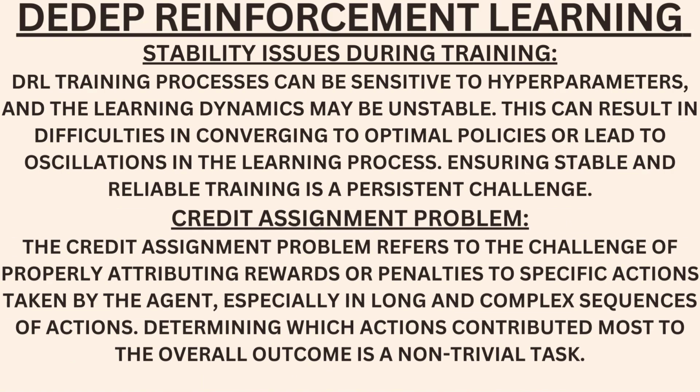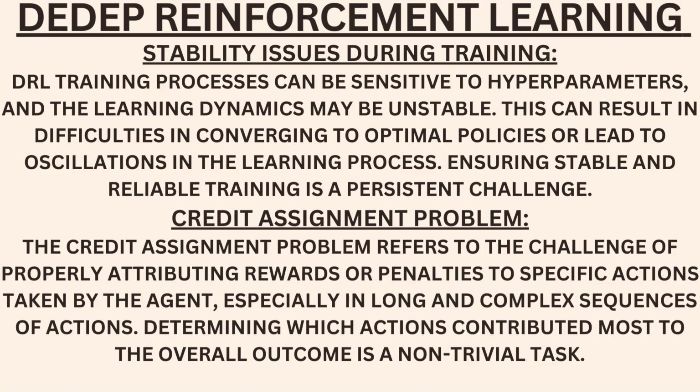Stability issues during training. Deep reinforcement learning training processes can be sensitive to hyperparameters and the learning dynamics may be unstable. This can result in difficulties in converging to optimal policies or lead to oscillation in the learning process. Ensuring stable and reliable training is a persistent challenge.